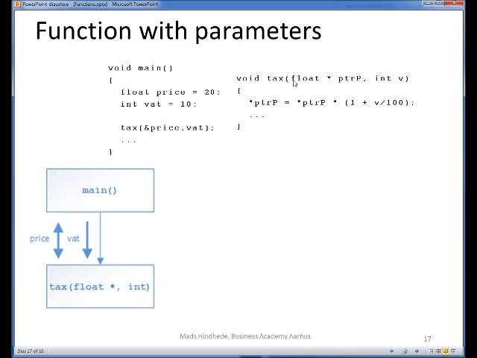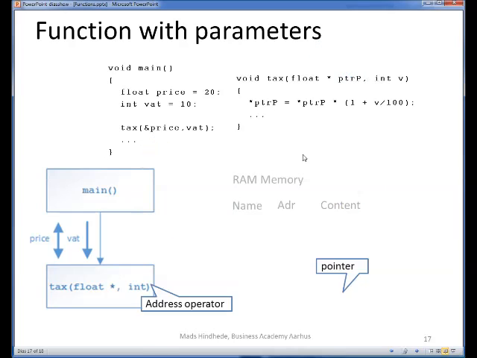I have a float, and it's a pointer, and I have an integer. So when calling this one, I have to have the first as an address operator to put into the pointer, and the next one is a value putting into a value over here.